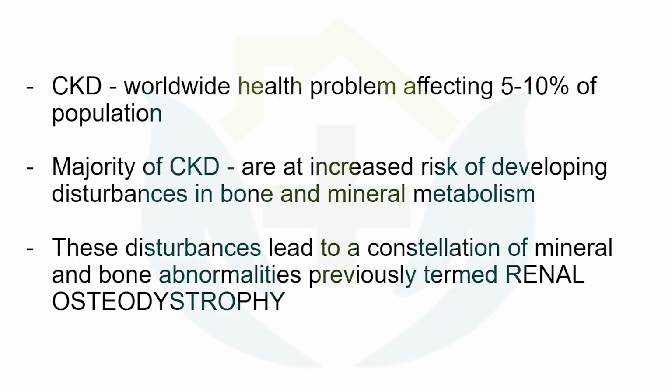As we all know, CKD is a worldwide health problem affecting 5 to 10% of the world population, and the majority of the CKD population is at increased risk of developing disturbances in mineral and bone metabolism. These disturbances lead to a constellation of mineral and bone abnormalities, which were previously termed renal osteodystrophy.